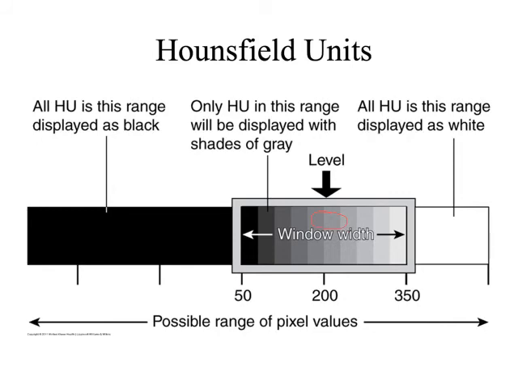If I told you that I sampled this right here and it was 50 Hounsfield units, what might that be? Blood or brain. Good. Or if I said I sampled this and it's negative 800 Hounsfield units, what might it be? Lung tissue. Good. Yep.